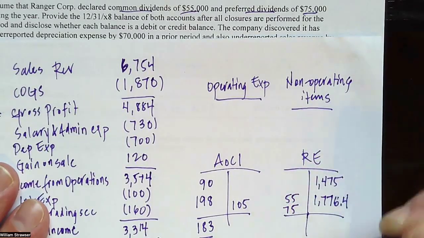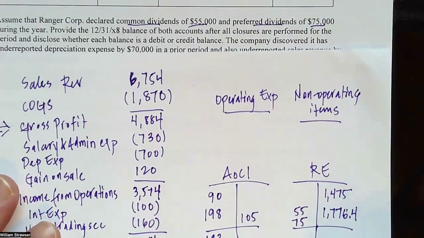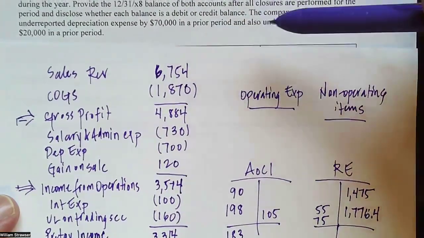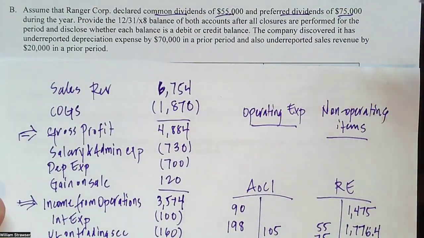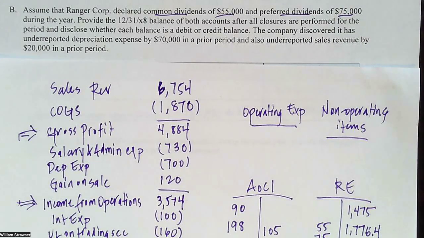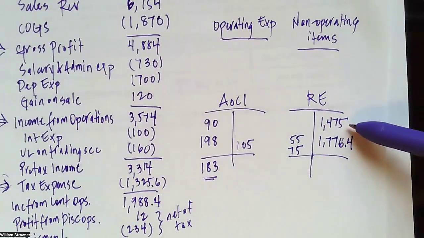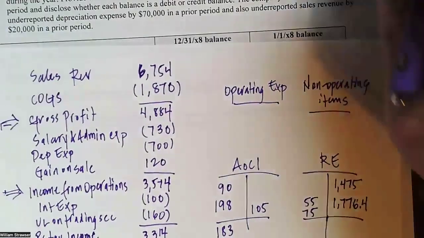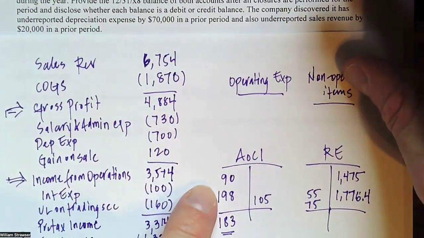Now we have one other item, or two actually, that we need to attend to. The company underreported depreciation expense in a prior period and also underreported sales revenue in a prior period. Remember, with prior period issues, that means that this 1,475,000 is contaminated by those prior period mistakes because we closed those mistakes out into my retained earnings.